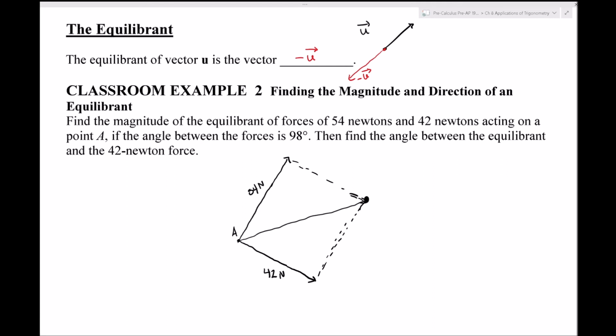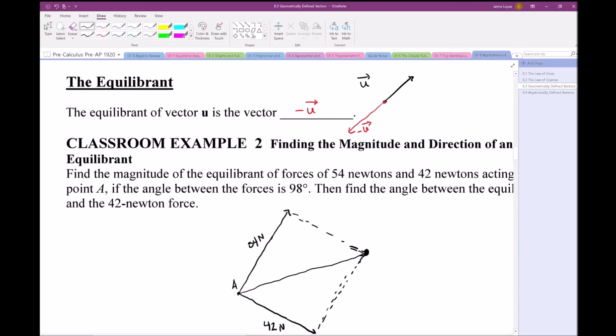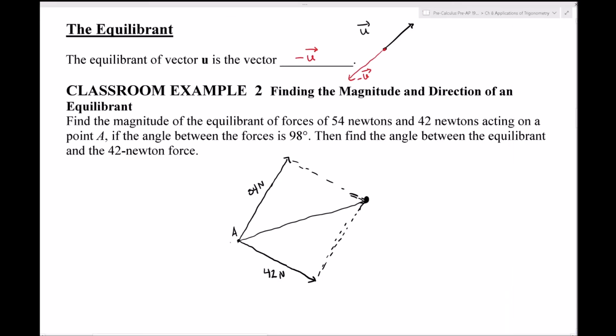So the resultant is what happens when I add those two vectors. We want the equilibriant of that vector. So the equilibriant will be the same length, starting from the same initial point, and it's going to end up in the opposite direction. So this right here is the equilibriant, which I'll call E, uppercase E, of that force, which we can call F.